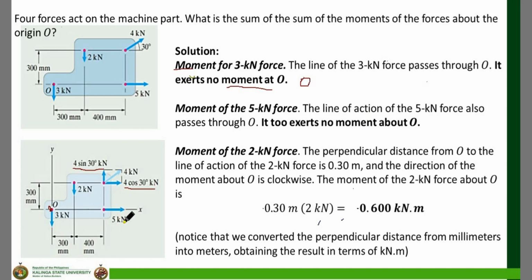For the 5 kilonewtons, another case. It happens that the line where the 5 kilonewtons acts passes through point O. If that is the case, the moment is equal to 0.